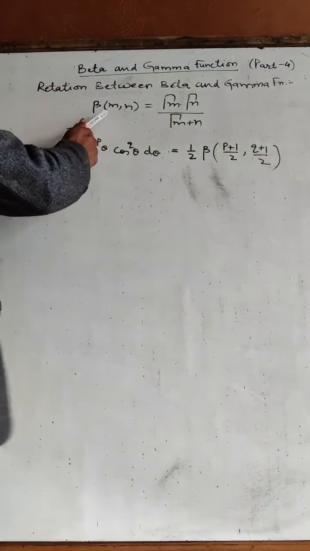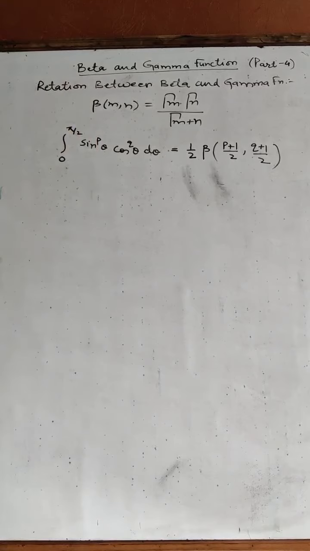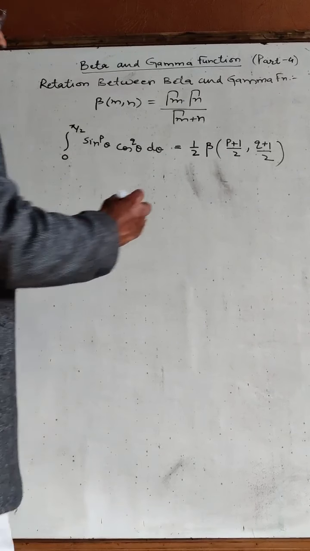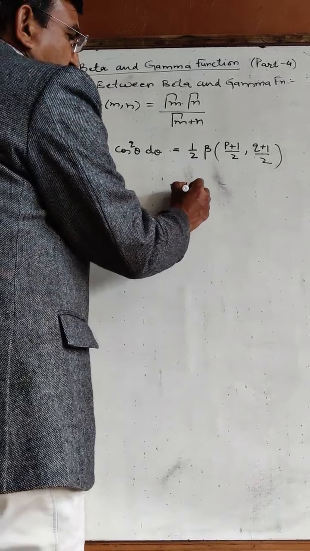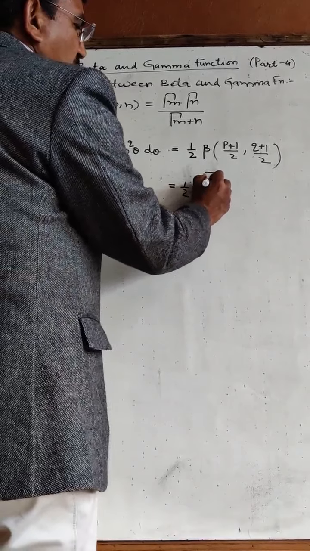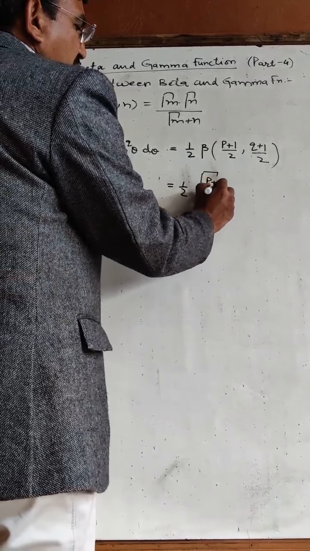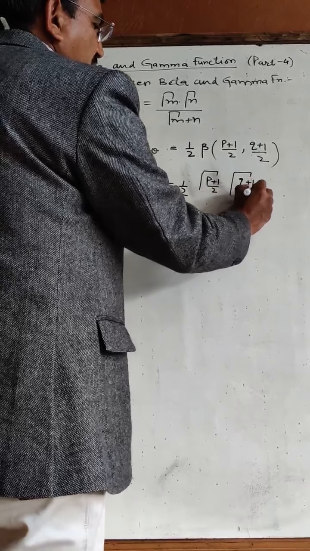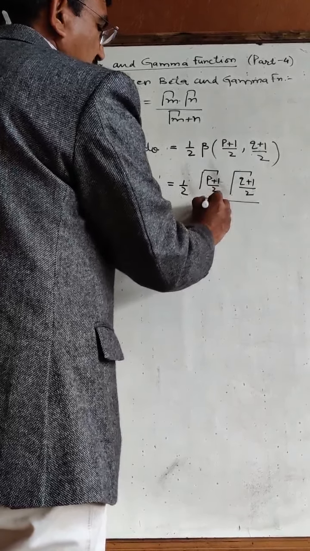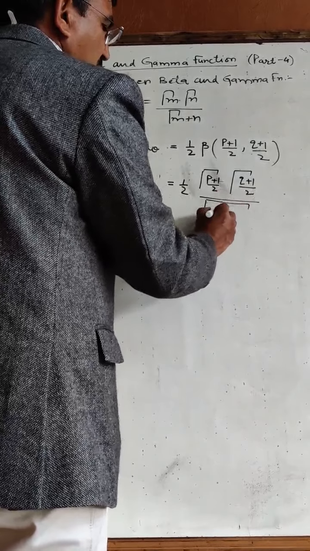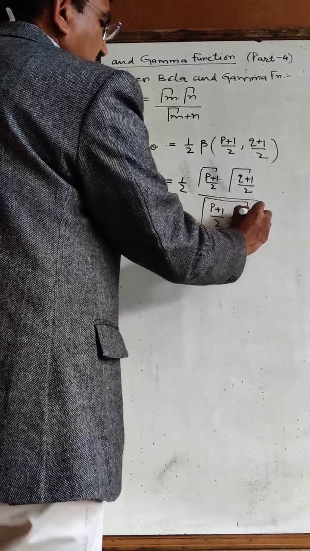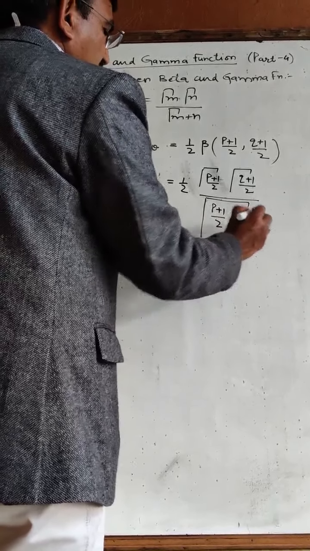Now we have found the relation between beta and gamma function, so I am just writing it in the form of gamma function. So this would be equal to 1 by 2 gamma of (p plus 1) by 2 gamma of (q plus 1) by 2 over gamma of (p plus 1) by 2 plus (q plus 1) by 2.